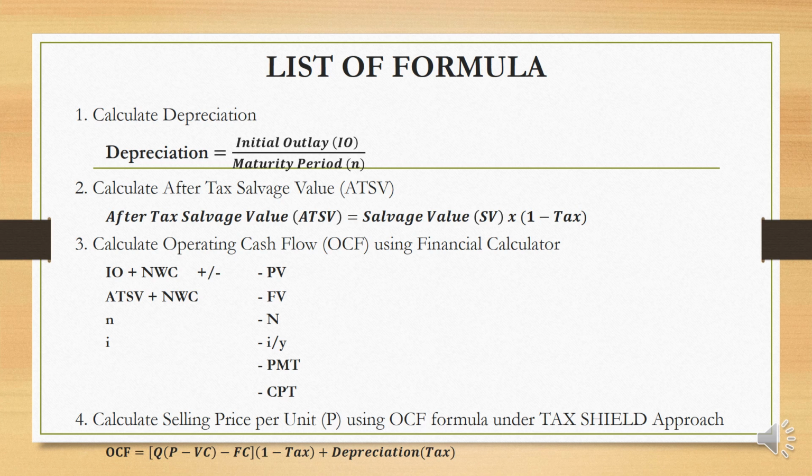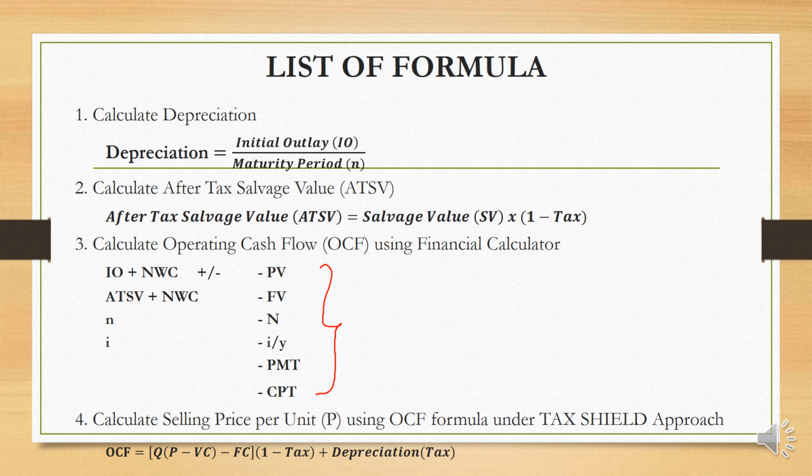The third formula is on how to calculate operating cash flow, which is OCF, where to calculate operating cash flow, you will use the financial calculator. And here is the command that you will use to calculate OCF by using the financial calculator. Based on the command given here, that is the way you should calculate by using the financial calculator.